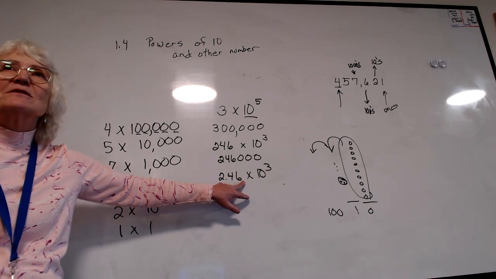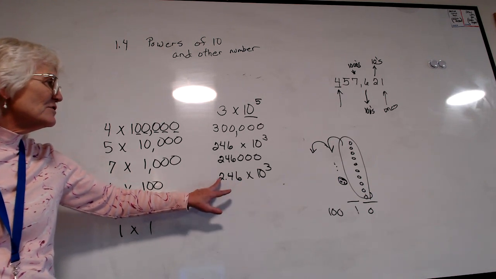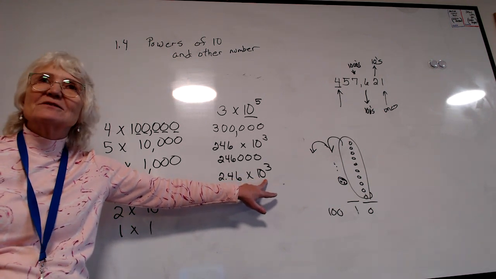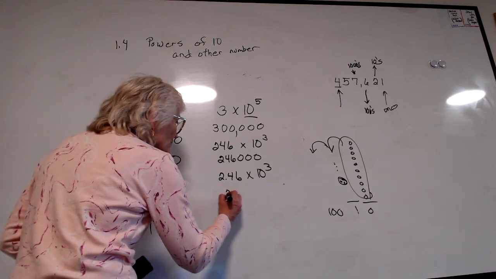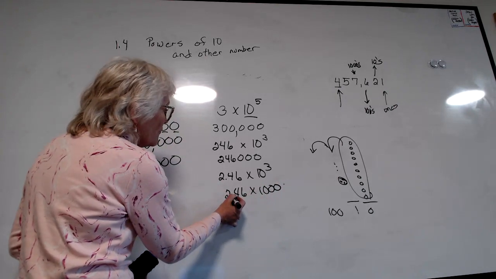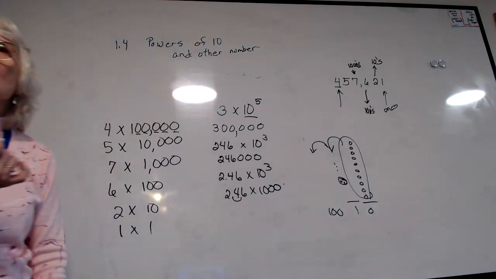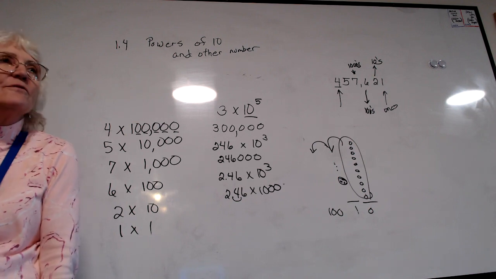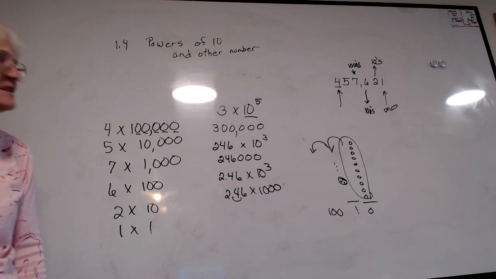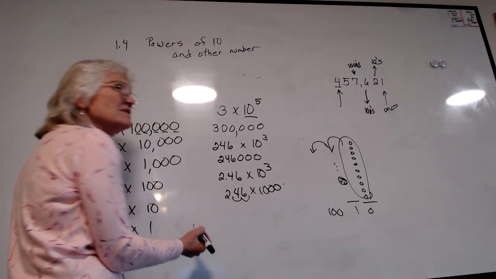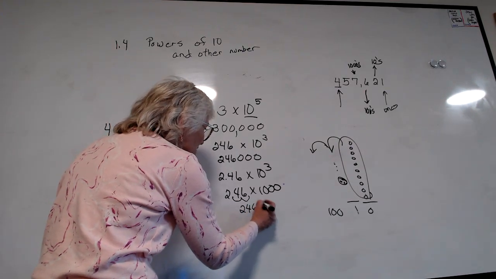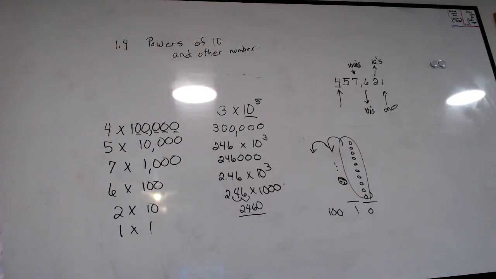And the third time I multiply by 10 will give me 2,460. 10 to the 3rd is still 1,000, right? So it is 2.46 times 1,000. When I multiply the first 10, it moves that over and we get 24.6. 2.46 times 100 is now 246. And then that last 0 is the only one I put on.